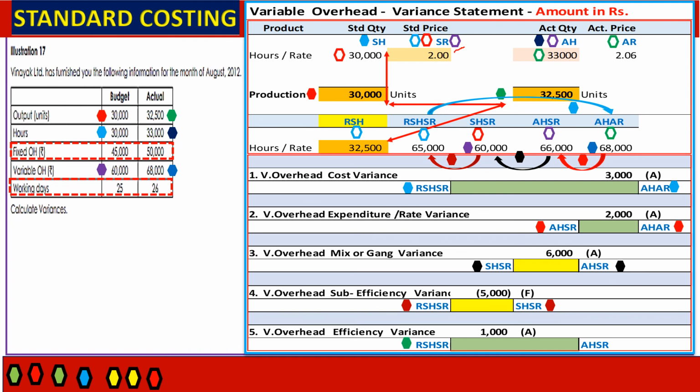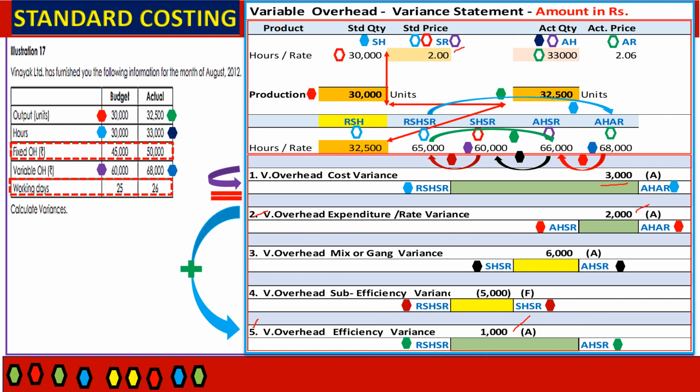Overhead efficiency variance is, leaving out the rate, 66 to 65. That is RSHSR to AHSR, 1,000 positive, adverse. And once this is done, simply adding second and fifth to find out, 2,000 plus 1,000 should be equal to 3,000, which is equal to number 1.